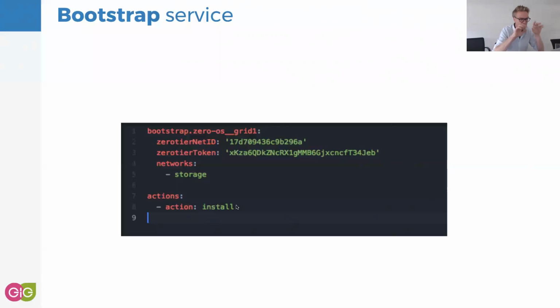After you have been saying at your service blueprint, it will simply execute the blueprint and create a grid 1 AYS service, which doesn't do anything, but only when you also say, at your service, please do a run. By doing at your service, run create, he will check all the running services. So grid 1 is one of them, and he will see there is an action defined for it.